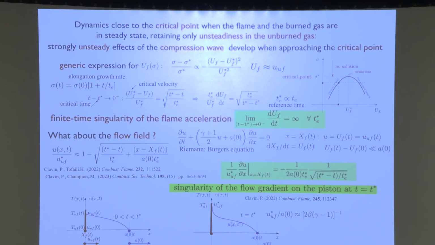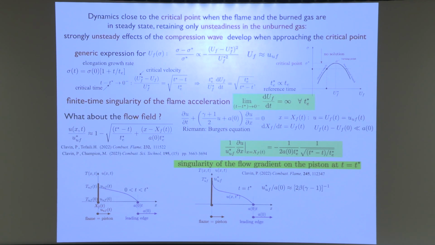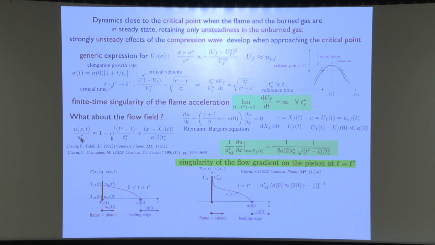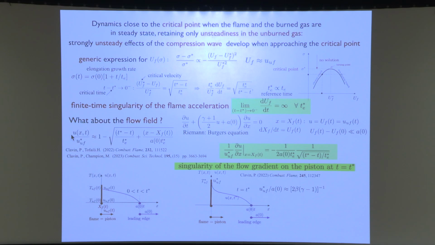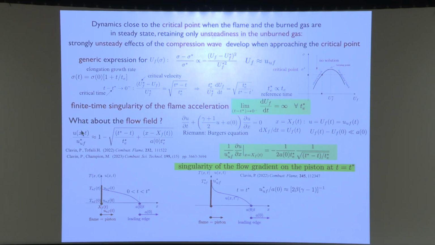And now if you take the gradient of the flow, just the derivative of u with respect to space, you have 1 over the square root of these things. And now if you look at what happens to the flow on the flame, that is x equal XF, you obtain something similar to the acceleration: a divergence when you reach this point.